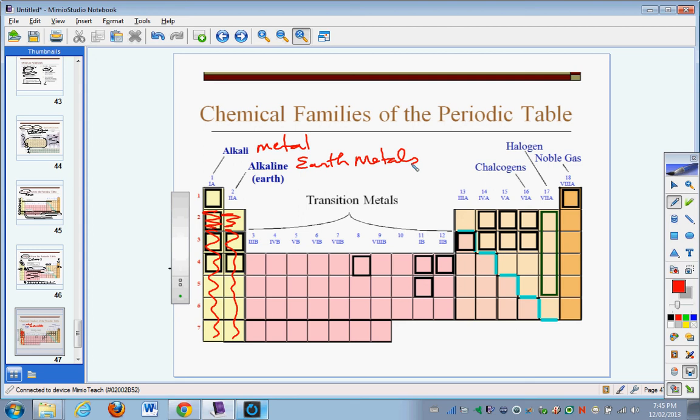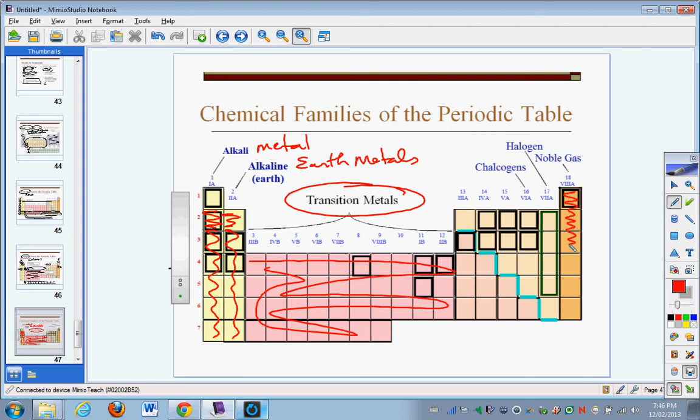We already know that everything in pink here is part of the transition metal family. Over on the far end of the table, we have helium and neon, all the way down to the bottom to radon, and those are noble gases.